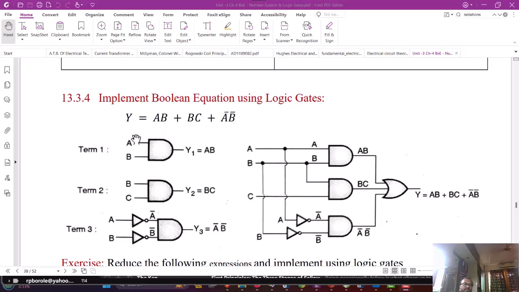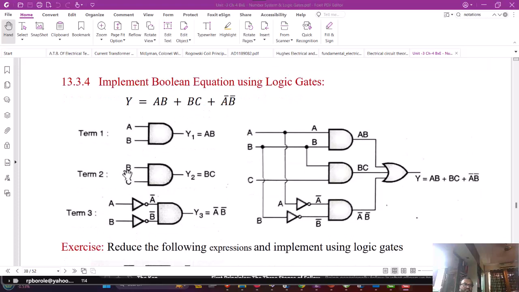So let us take the first term a and b as input to the AND gate, and you generate the output y1 is equal to ab. Then for the second term, b and c are the input for the second 2 input AND gate, and y2 is equal to b and c here. Whereas a bar and b bar are the complements.